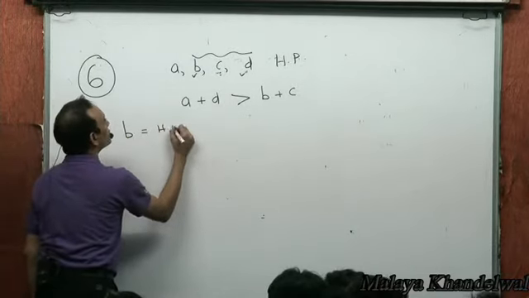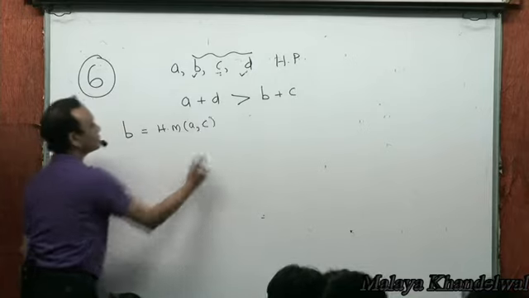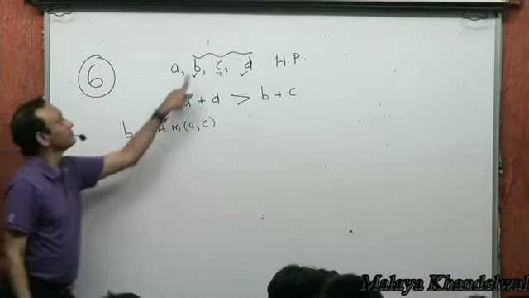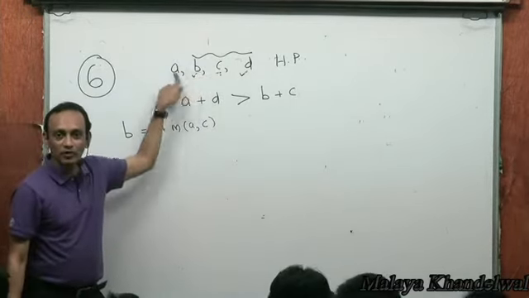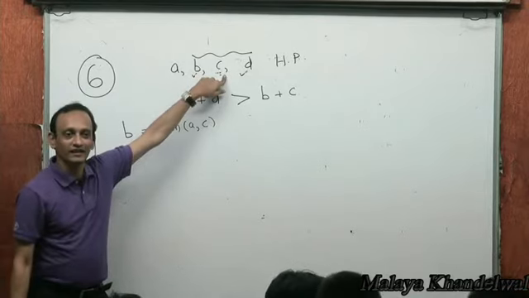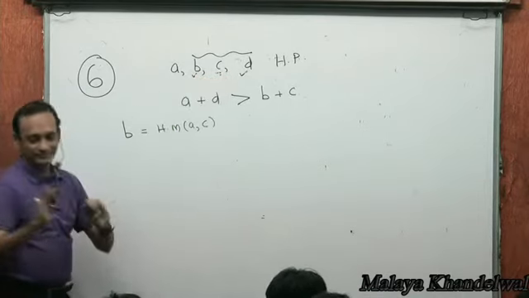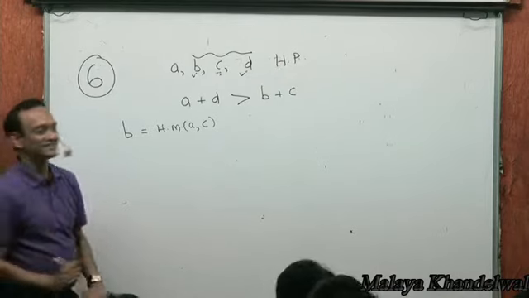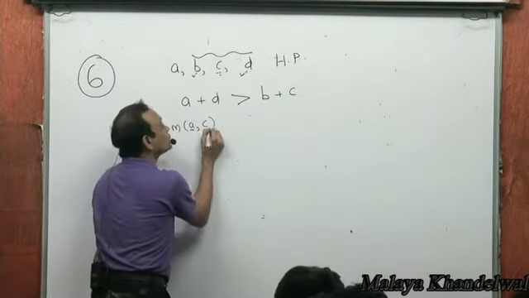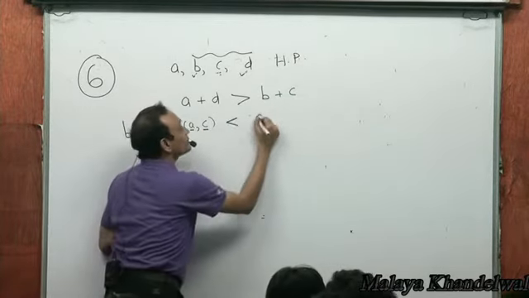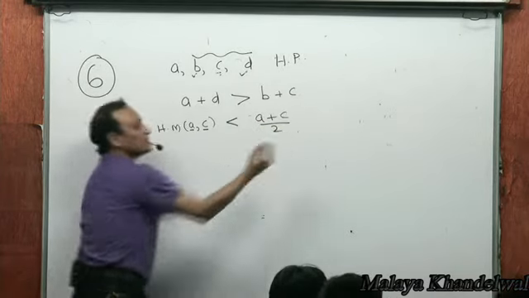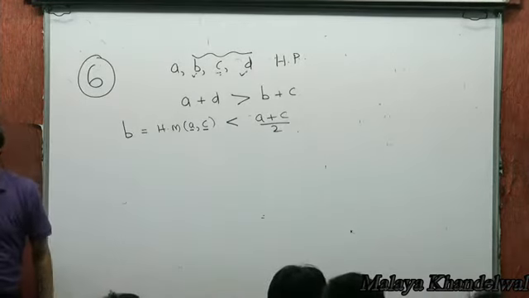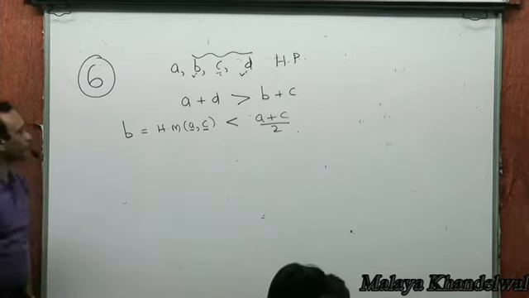The harmonic mean between A and C. Do I need to explain that again? Relax. But the harmonic mean between two numbers is less than the arithmetic mean between the two numbers, A plus C by 2. Harmonic mean less than arithmetic mean, yes or no?